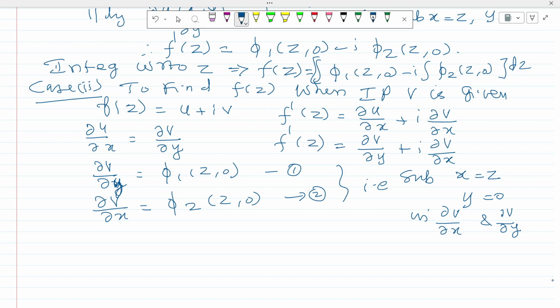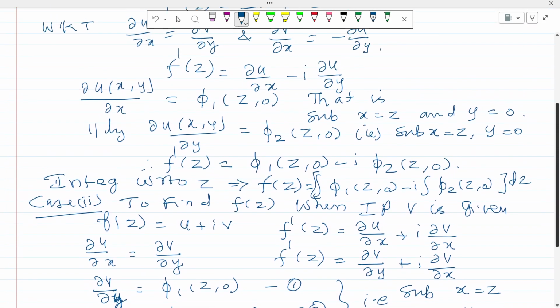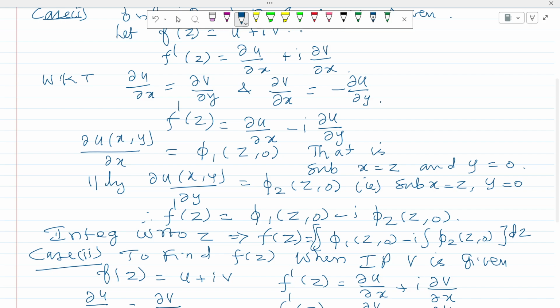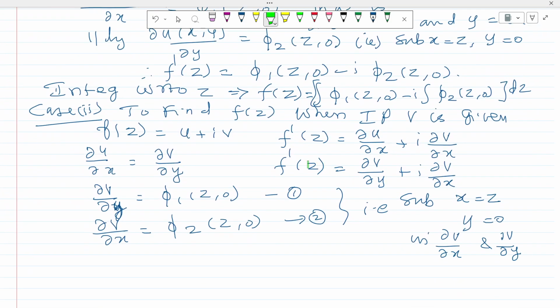Only thing is that the f dash of z equation will be changed. What is the f dash of z formula? When the real part is given, f dash of z is ∂u/∂x minus i ∂u/∂y. Otherwise, f dash of z is ∂v/∂y plus i ∂v/∂x.